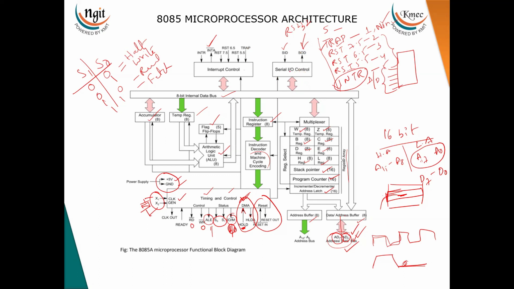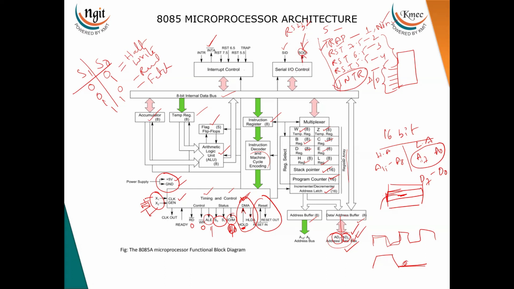The data which is received is parallel. This data will be converted into serial, and it will be sent to the outside world using the SOD pin, to the internet cable or the RS-232 cable, from the processor to the outside.